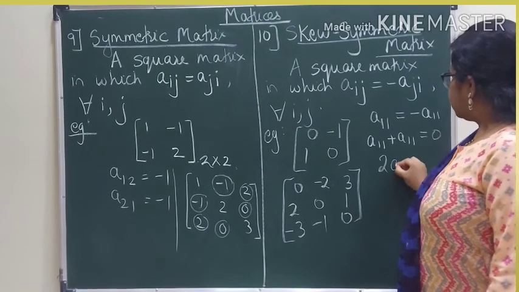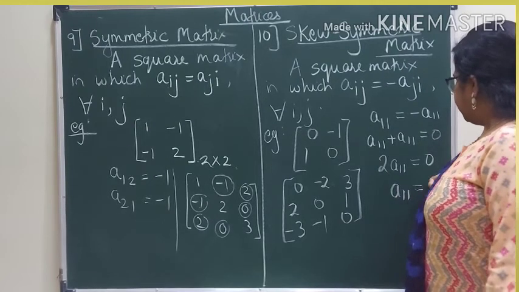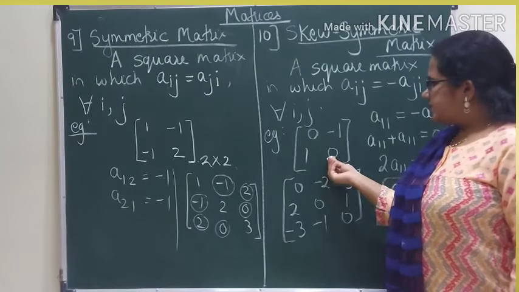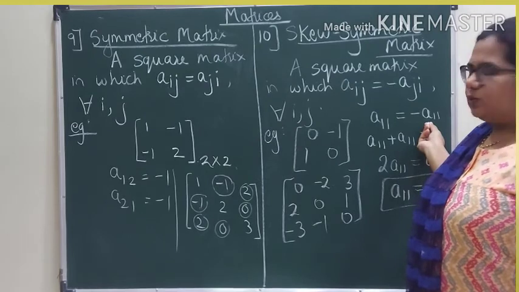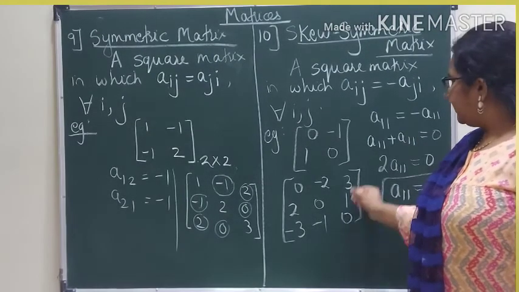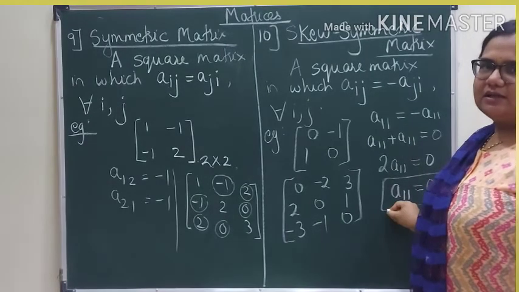So 2 times A11 equals 0, that is, A11 is equal to 0. Same thing if you do with this element, A22 equals minus A22, so again you will get A22 as 0. Here if you take A33 equals minus A33, then you will get A33 is 0.